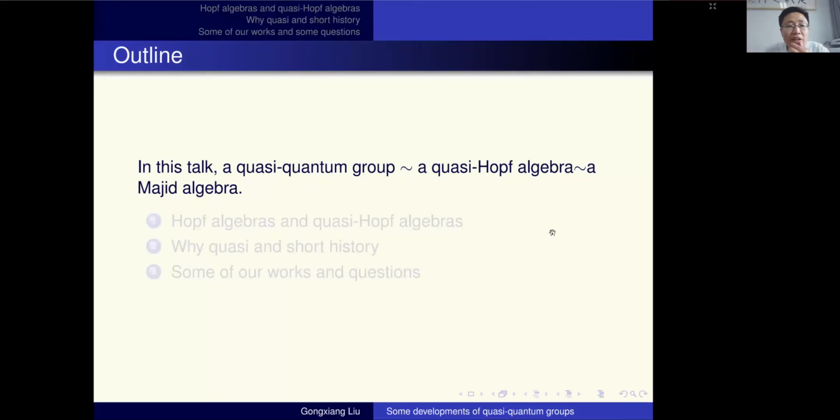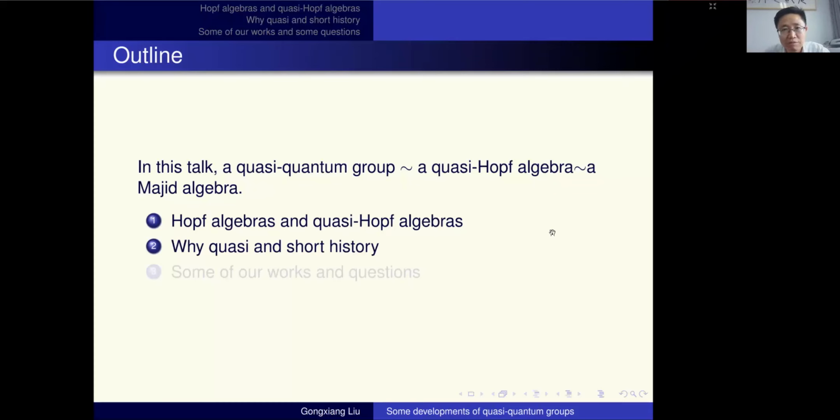My talk is divided into 3 parts. The first part, I want to compare the Hopf algebra and quasi-Hopf algebra. From this, maybe we can accept the concept of quasi-Hopf algebra more easily. Then I want to recall why we need the quasi. This is a quite complicated concept.